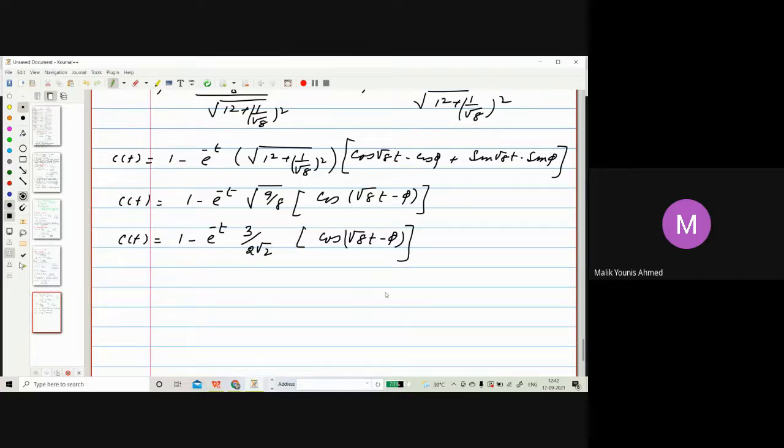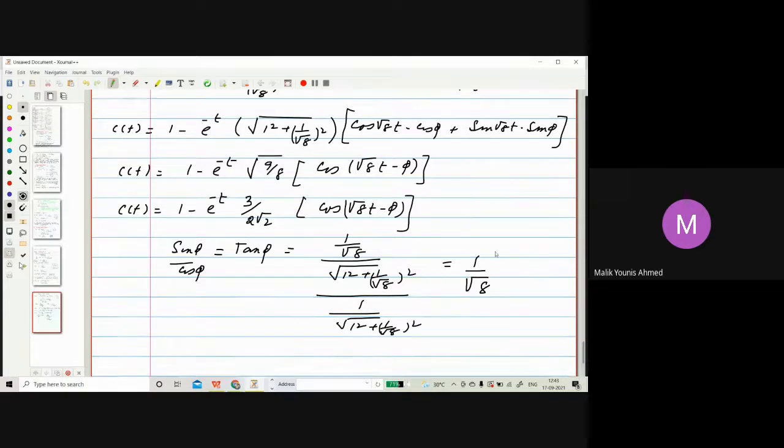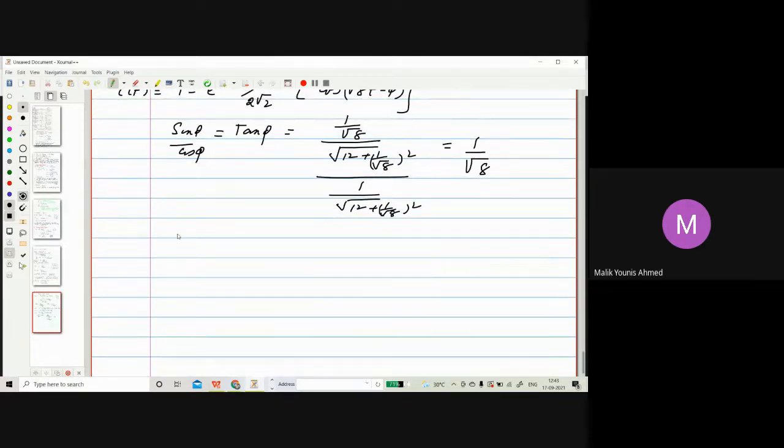Okay. Now, if we divide sine and cos, sine divided by cos will be tan phi. So sine value is what? Sine value is 1 by under root 8 divided by under root of 1 square plus (1 by under root 8) square. Cos value is 1 by under root of 1 square plus (1 by under root 8) square. Denominator will get cancelled. So we will have the value of 1 by under root 8. Okay. So that means phi will be tan inverse of 1 by under root 8.